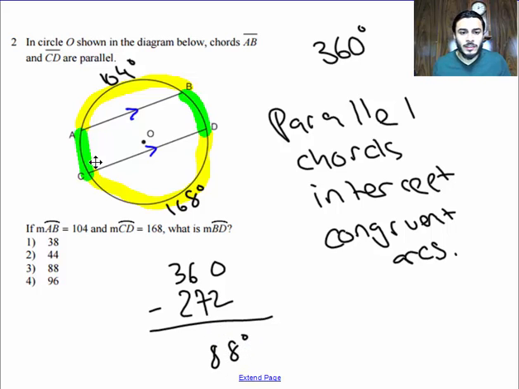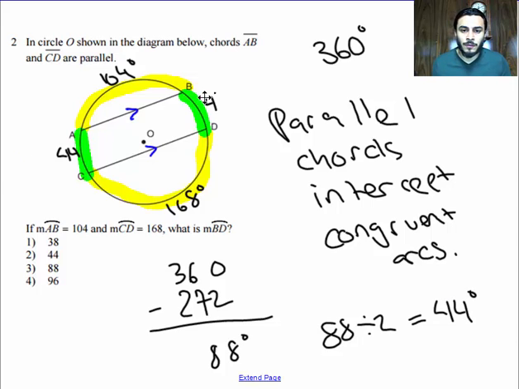And what that means is that these two arcs must add up to 88 degrees. And since they're both equal, we can take the 88 divided by 2, and we will get 44, and that will be the measure of each one. So 44 and 44. So the answer to number 2 is choice 2.